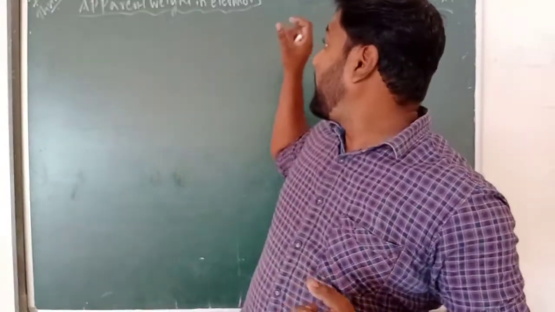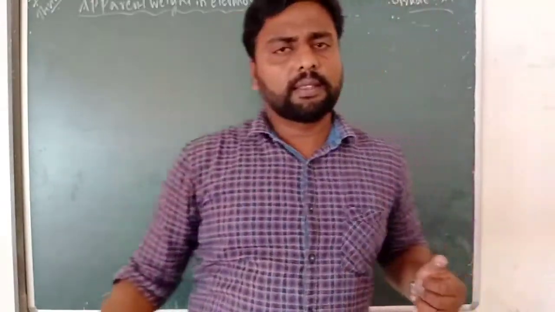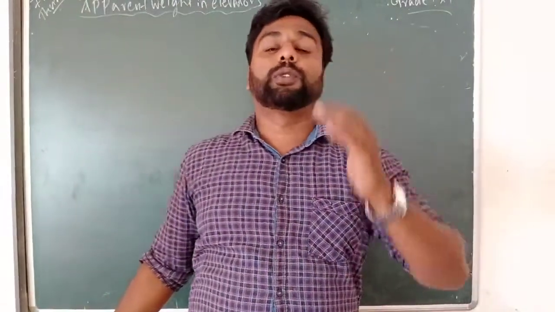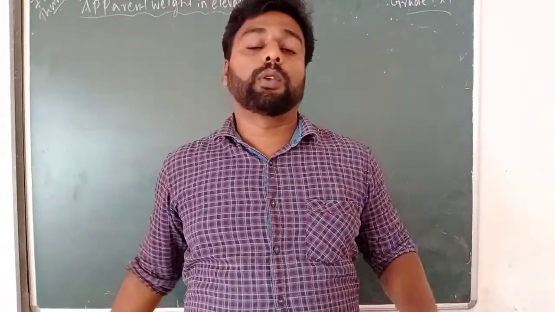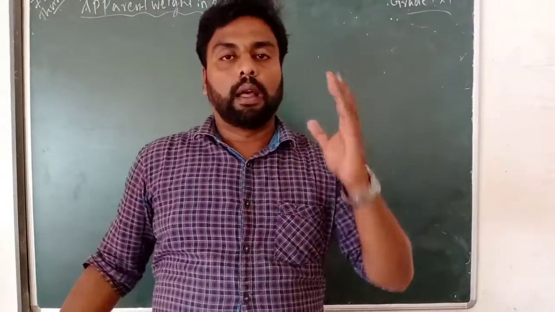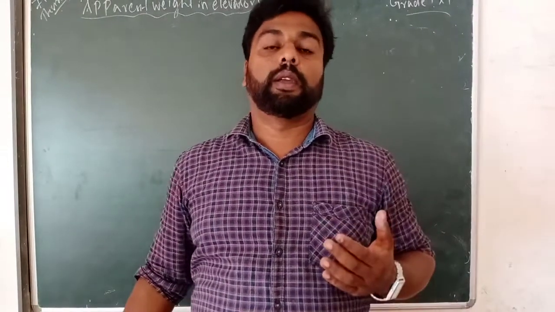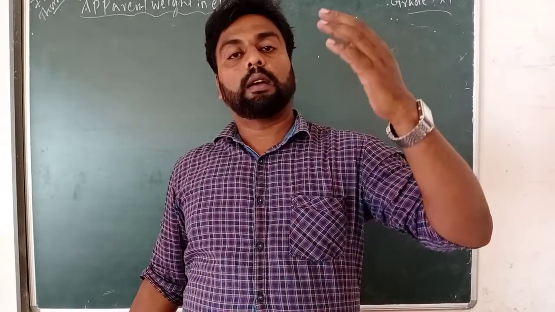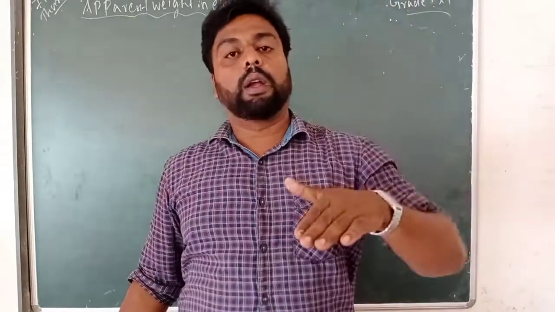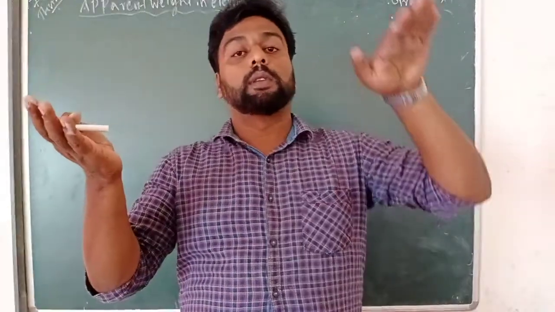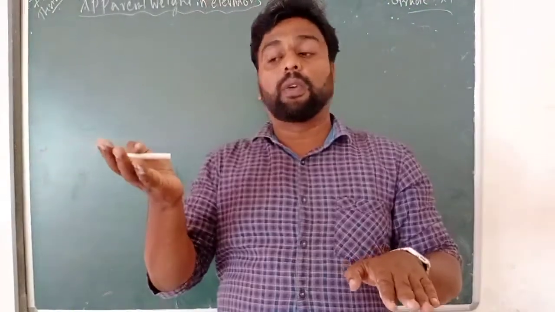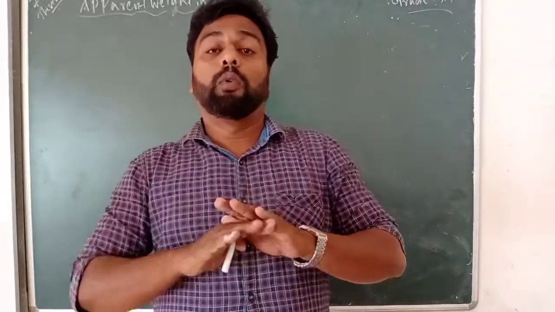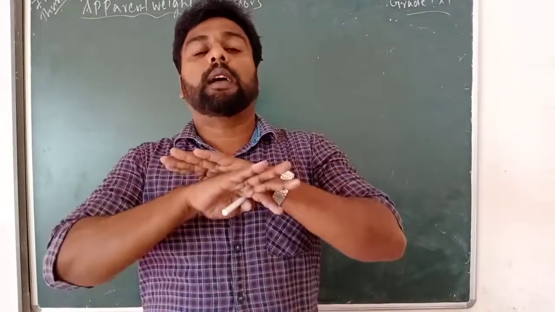First, apparent weight. What is the meaning of apparent weight and actual weight? First, you have to know the difference between them. Actual weight means the downward force and the upward force: the weight acting downward and the normal force acting upward, both balanced, is the actual weight.